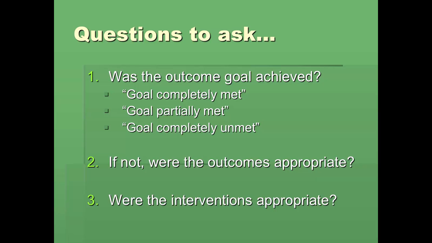Maybe we need to add to our plan. Sometimes we might find out that it was a very appropriate intervention and an appropriate outcome, but the interventions were not being carried out correctly. So, for example, we may have nursing staff that require more education so that an intervention can be carried out appropriately by them. Or if this is an intervention that's being carried out by the patient themselves or perhaps a family member, maybe they need to be retaught about how to do that intervention correctly.